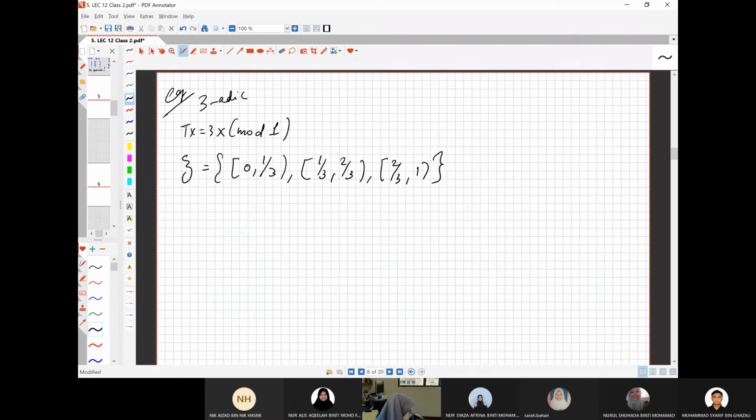So in this partition, x1 here is 0, x2 here is 1, semua x1. The first digit x1 is 2 because your x boleh di write by this way. Okay. So this is the first digit.